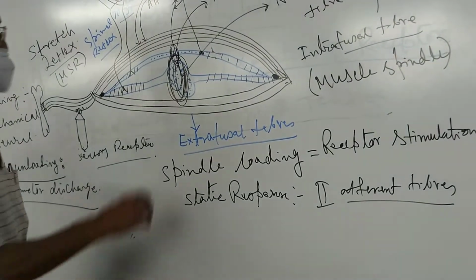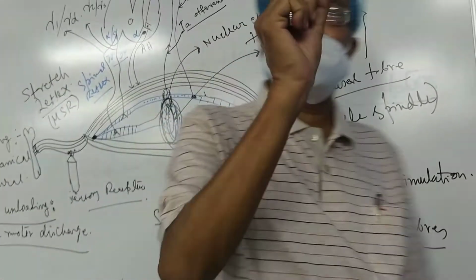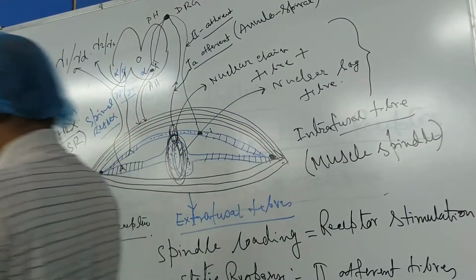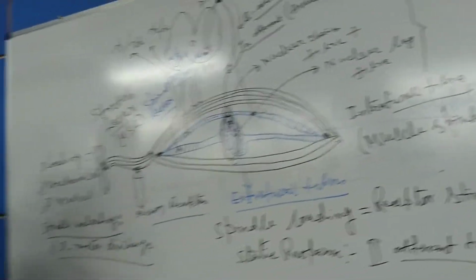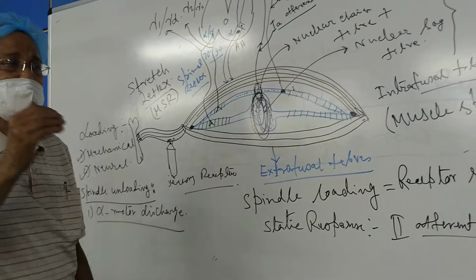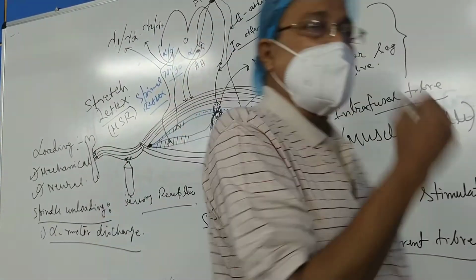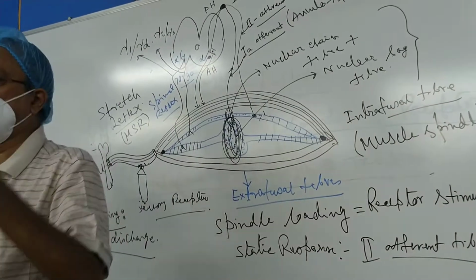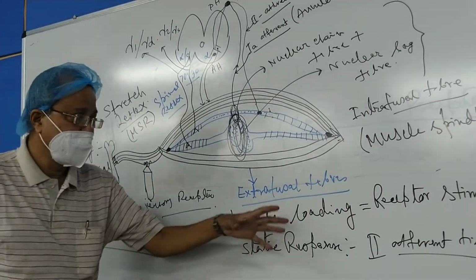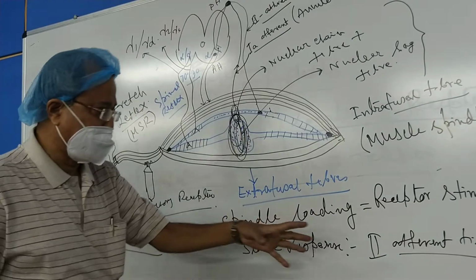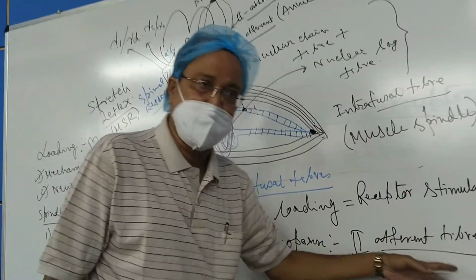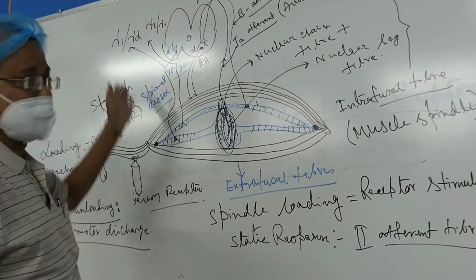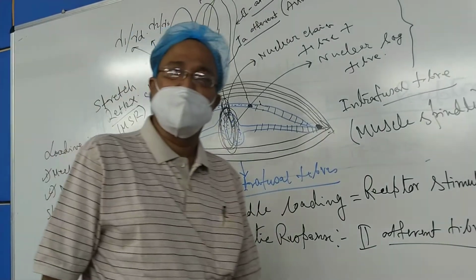Say for example, before stretching there was a length of the intrafusal muscle fiber, and after the stretching is completed it achieves a new length. So the final length minus the initial length will be the total amount of stretching, and that is sensed by the two afferent fibers, and the impulse is sent to the central nervous system for consideration.